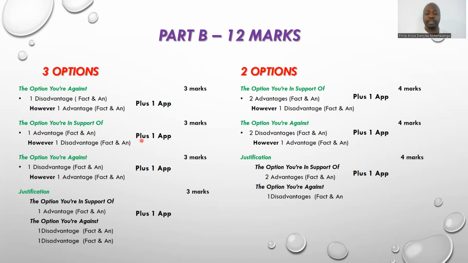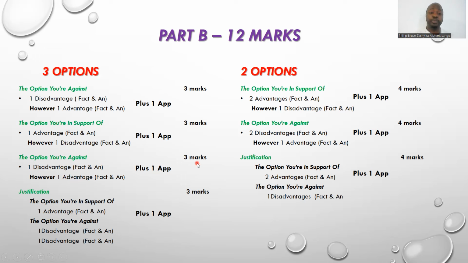And the other mark, you get it for applying. So application is a must when it comes to such a question, part B. And for the last option, the one you are not in support of, you must also provide one drawback or disadvantage and one advantage plus one application, then you get 3 marks.